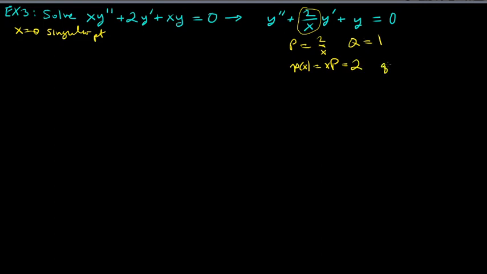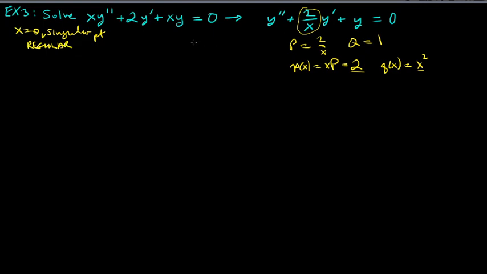And our lowercase q would be x squared, which is definitely analytic. So constants and x squared, these are both power series, and in fact, they're trivial power series, they're just one term. So x equals 0 is not just a singular point, it's the good kind of singular point. It's a regular singular point.